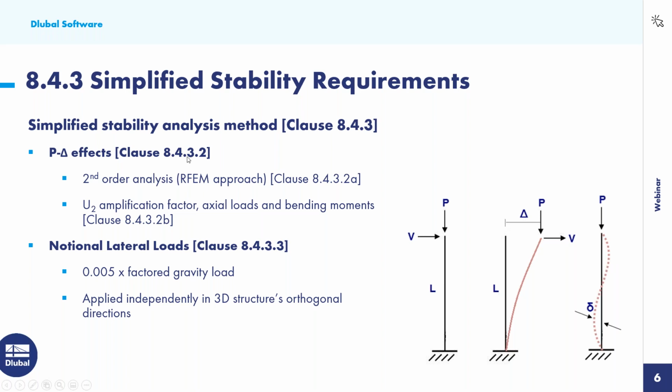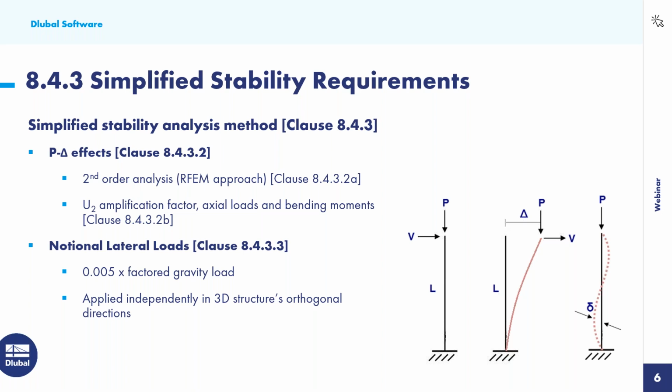So referring back to 8.4.3.2, the code only addresses big P delta, and we must consider this in one of two ways. The first is a second order analysis. Lucky for us, RFEM automatically applies that second order analysis for load combinations.